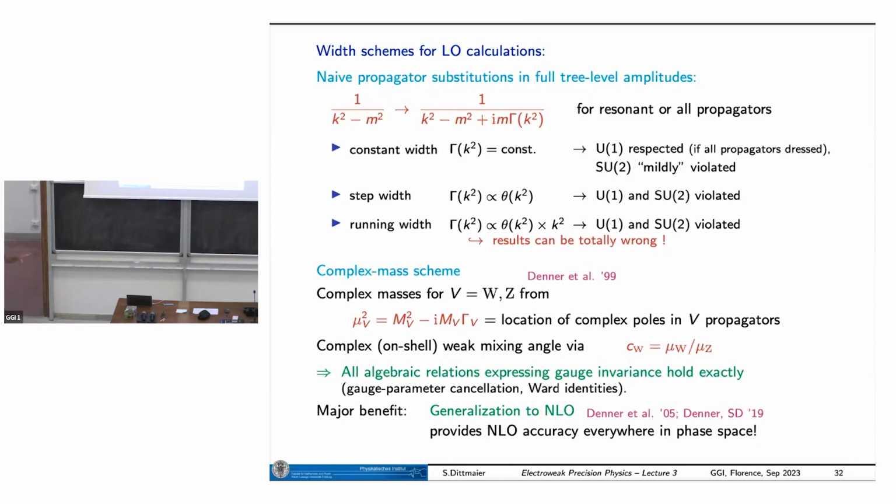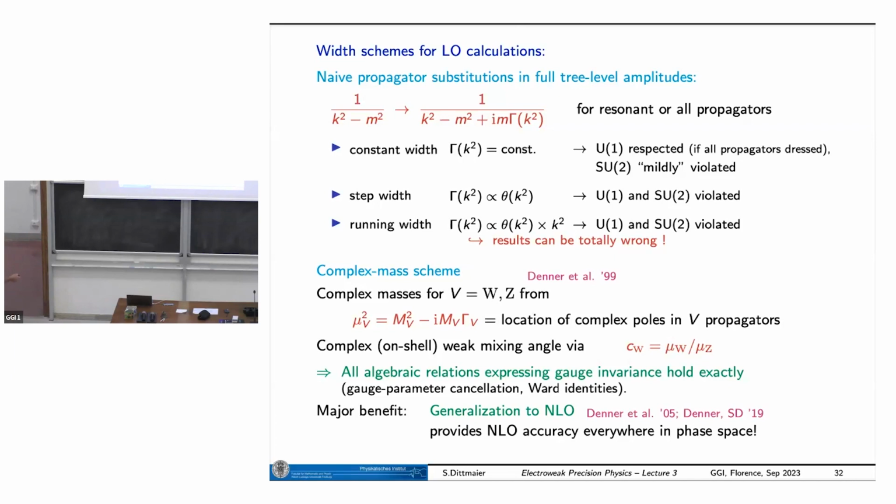Such relations can only break in this step of analytically continuing something from a real to a complex parameter if you have complex conjugation in the game, which is not the case in these gauge invariance relations. There are also consistency relations that have to do with complex conjugation, and these are so-called cut equations. This is the expression of unitarity, unitarity in the sense that links different processes, by the way.